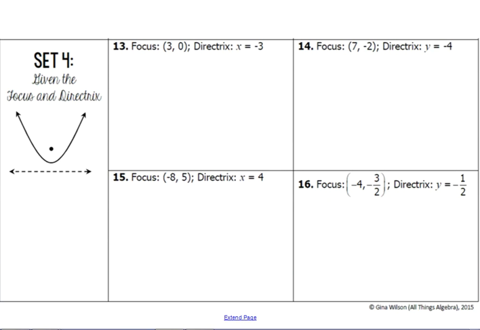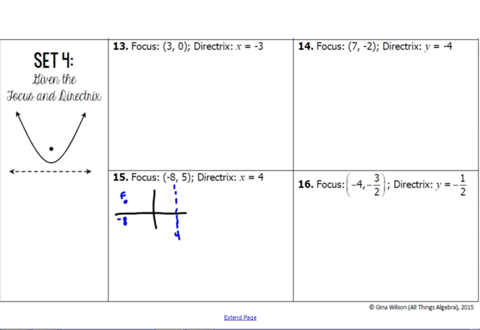Again, I draw a picture. Okay, -8, 5 is our focus. Our directrix is at x equals +4. So this is at 4, this is at -8. The vertex is always going to be right in between those two.